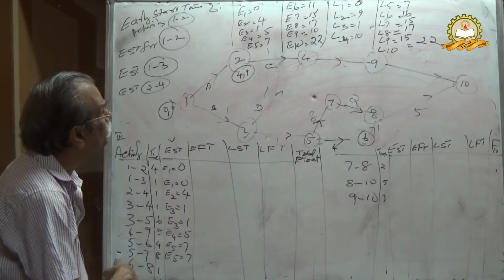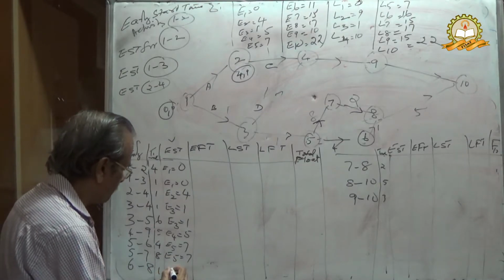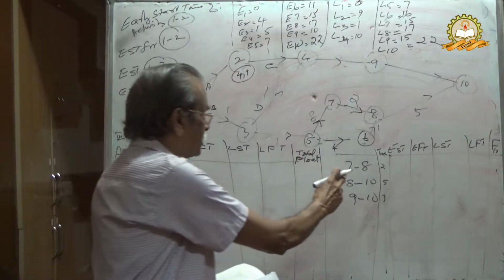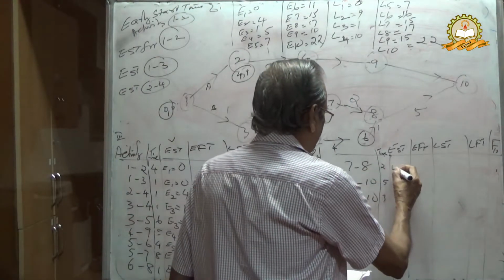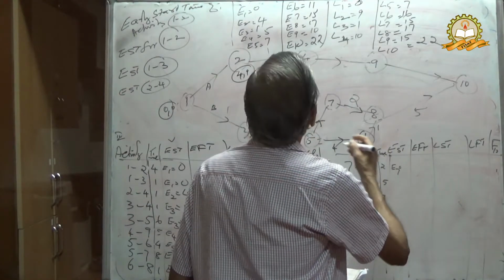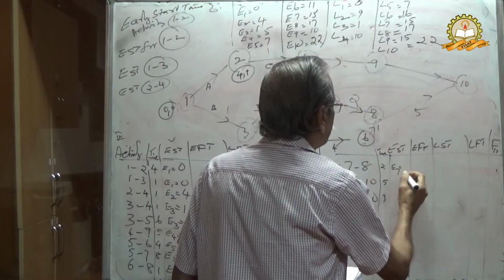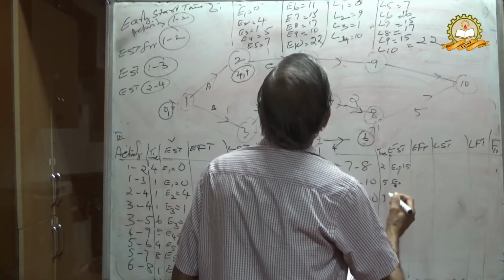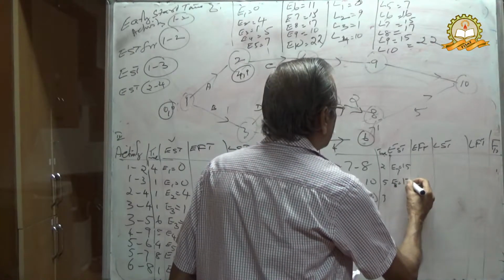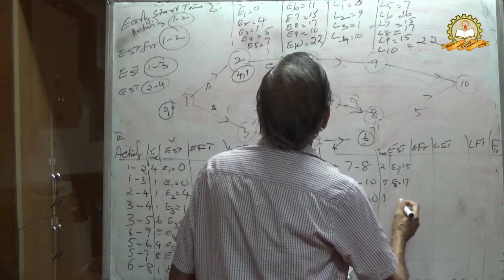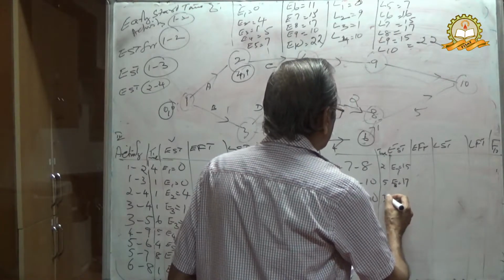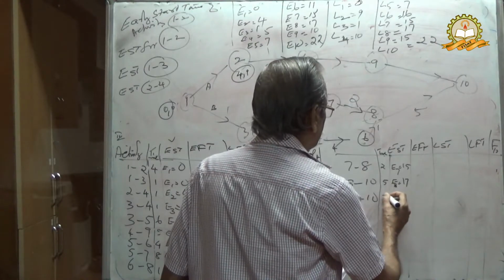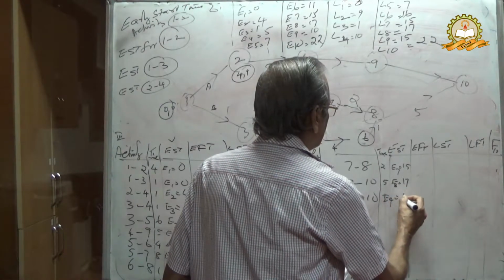E6 equal to 11. Then for activity 7 to 8, E7 equal to 15. E8 equal to 17.